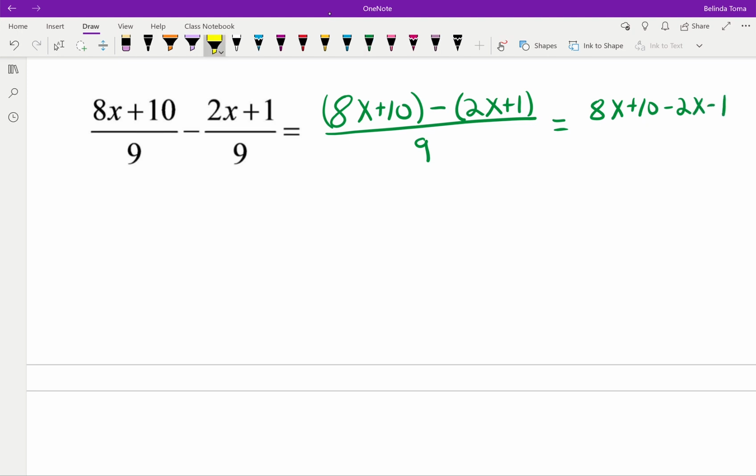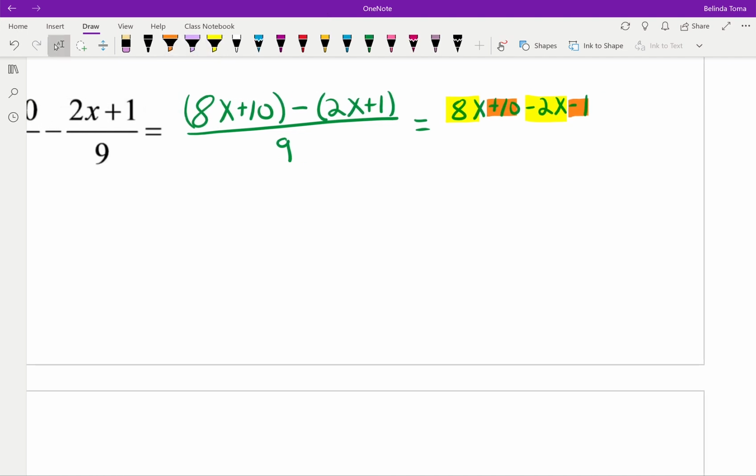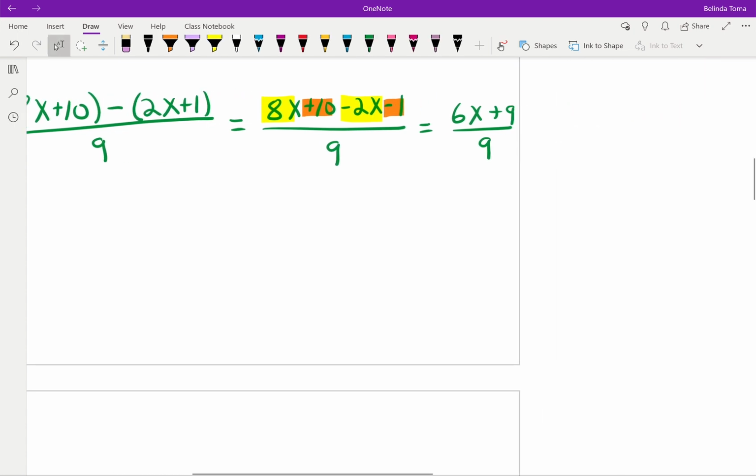And when we combine our like terms, then we can put it over the common denominator. So here, we're going to have 8x minus 2x, which is 6x, and 10 minus 1, which is 9, all over the common denominator. But yet again, we are not finished because we want to look to see after we've added or subtracted if we can factor and then simplify.